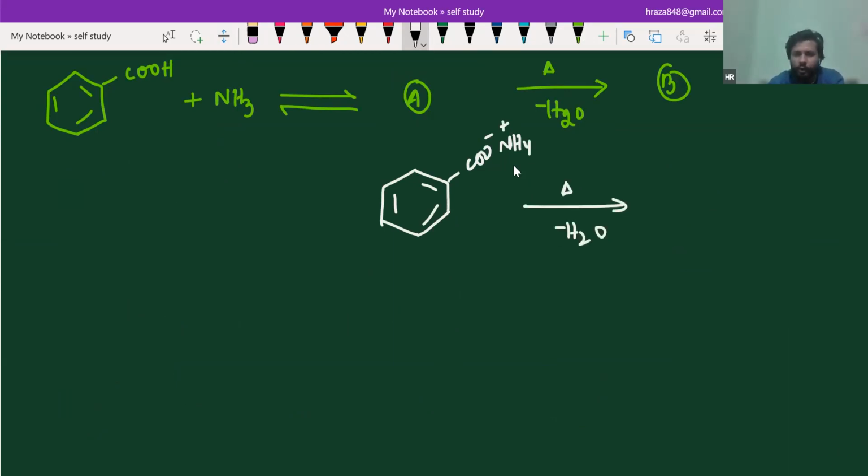So you can see one of the oxygens and these two hydrogens will be eliminated and it will form an amide, benzene amide, and it will be basically CONH2. So you can do this easily, CONH2. And its name will be benzamide, you can write. Is this correct?